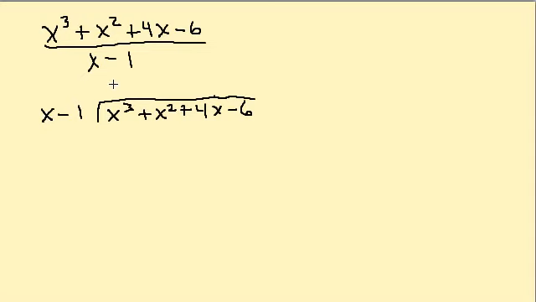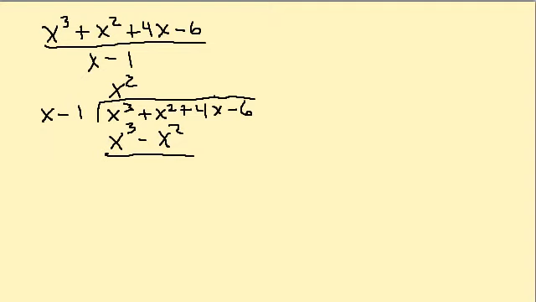Well, that's x squared. Okay, and then we multiply the x squared times the x minus 1. So we have x squared times x is x cubed. X squared times minus 1 is minus x squared, and then we subtract.